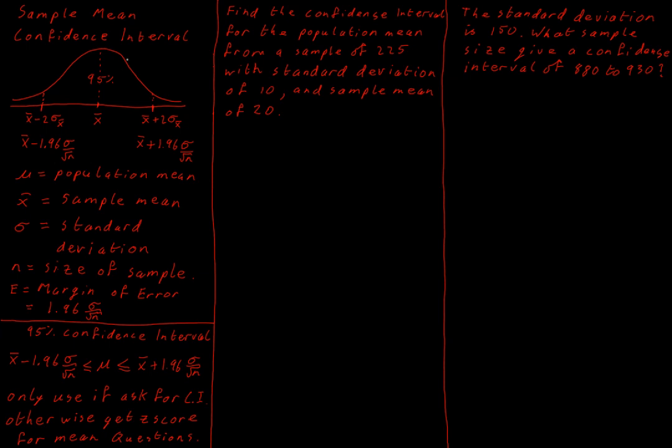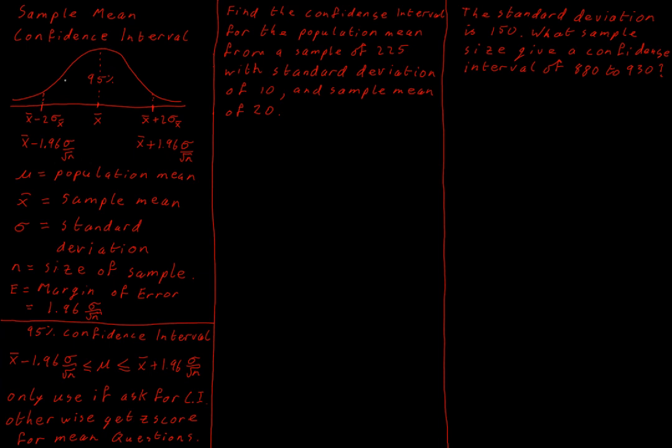Now we already know, if we look at our normal curve here, that roughly, this is the empirical rule I've written up here, roughly 95% of our distribution is between two standard deviations from our mean. We've gone on from the empirical rule and we now know that it's not plus or minus 2 standard deviations, it's closer to 1.96 standard deviations from the mean.